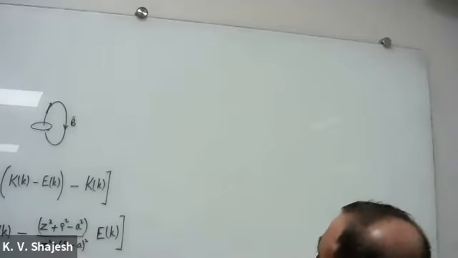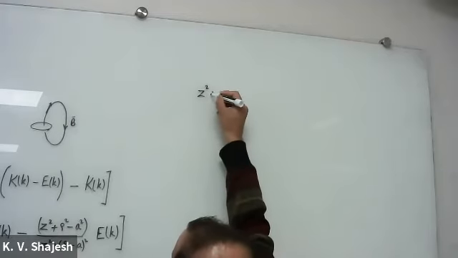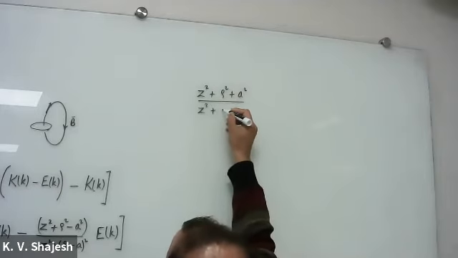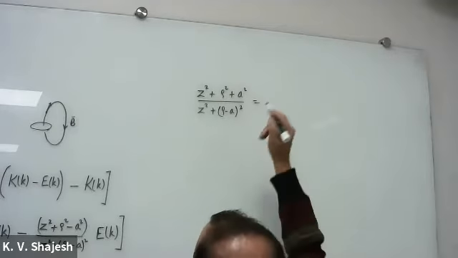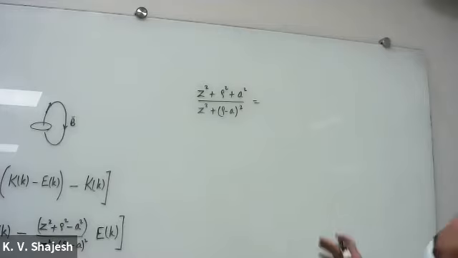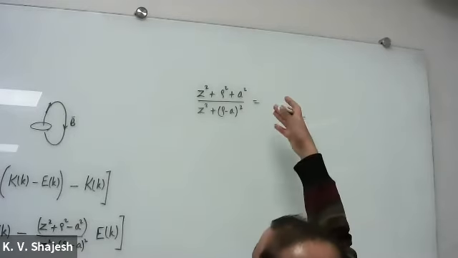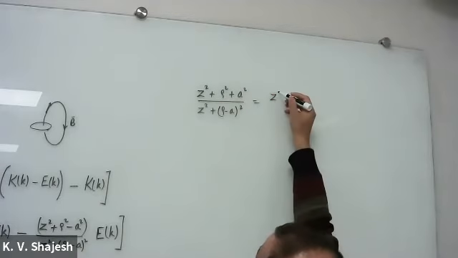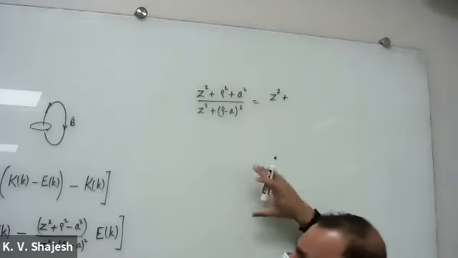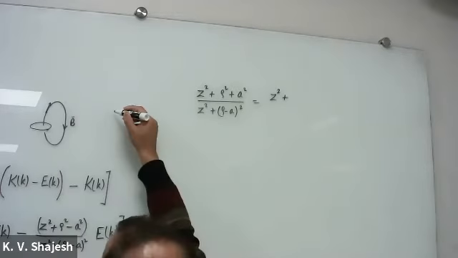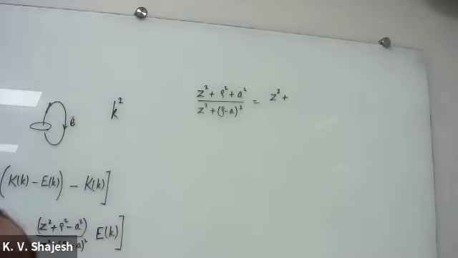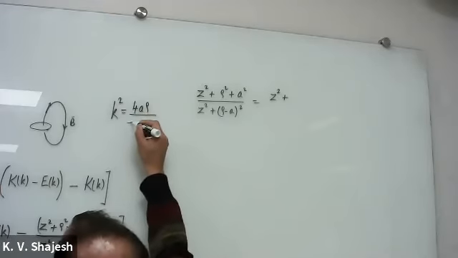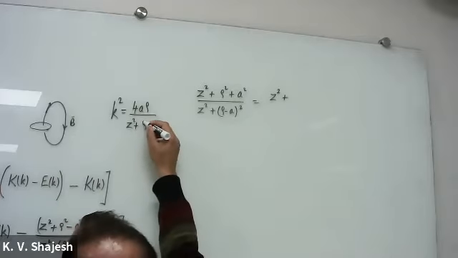So that's the first step, and that can now be seen very easily. I can put that: this is a square over z square plus rho minus a the whole square. That was what we did. And how do you proceed with this? You would say, I want to write this as close as possible to k. Remember my definition for k: k square is 4 a rho over z square plus rho plus a the whole square.